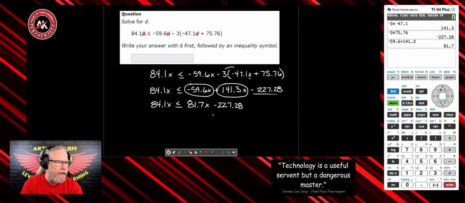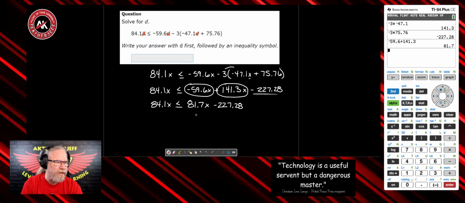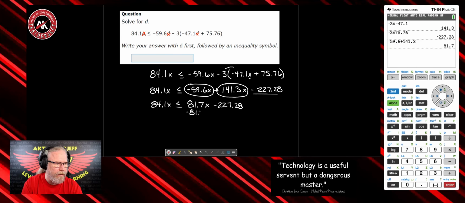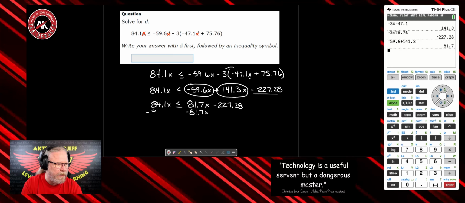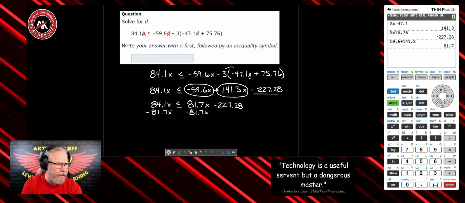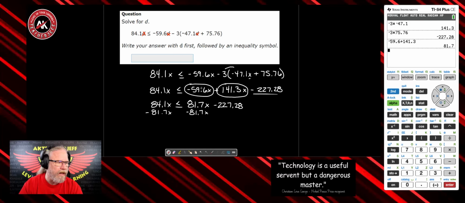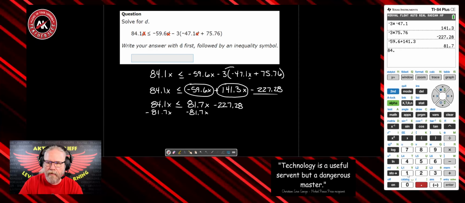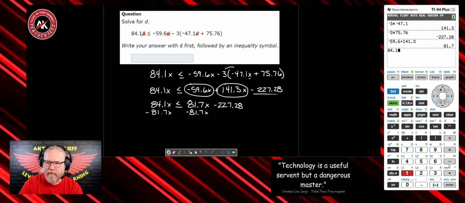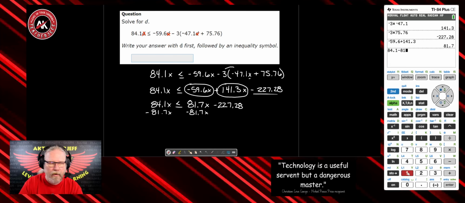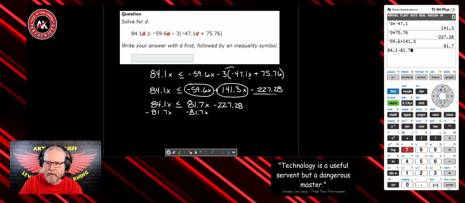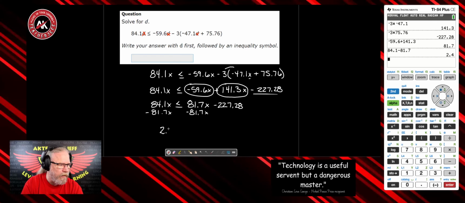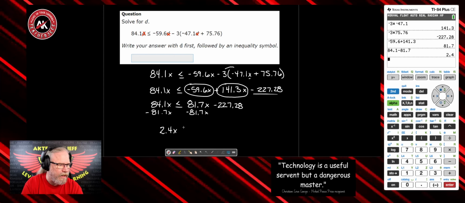Let's bring down our negative 227.28. Now let's get all of our variables over to one side. So let's go ahead and subtract 81.7x from each side. Over on the left, we have 84.1, and we're going to subtract from that 81.7, and that's going to give us 2.4 in terms of x.